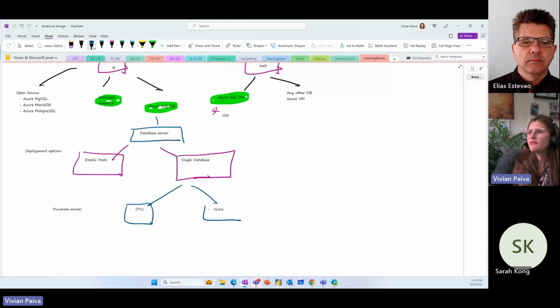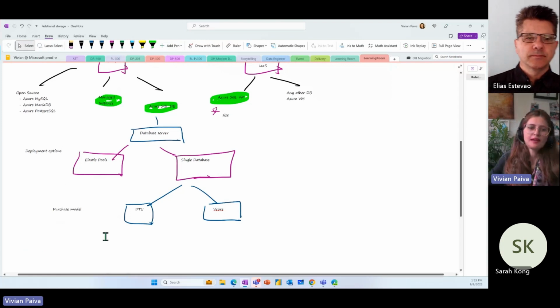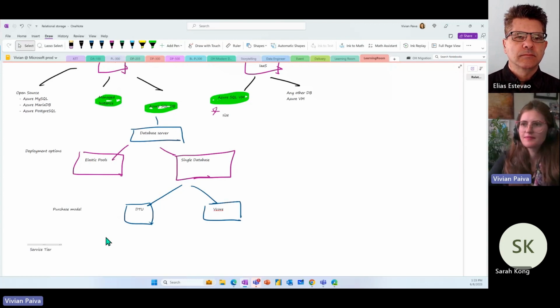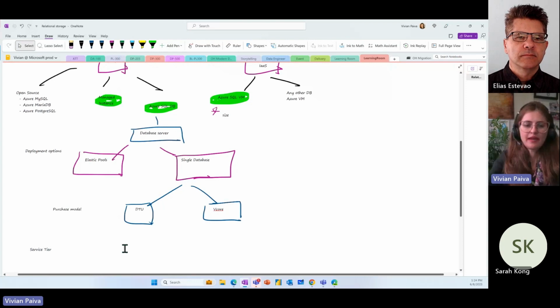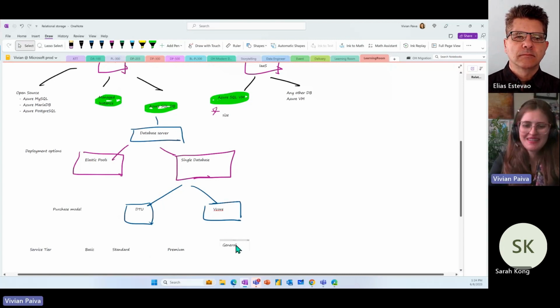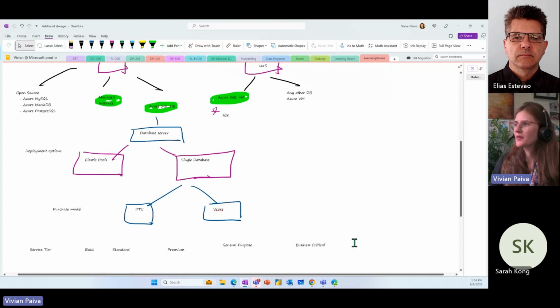We have DTU and vCore, and each of those has tiers, which I will expand on a little more. DTU has basic, standard, and premium, while vCore has general purpose, business critical, and hyperscale.